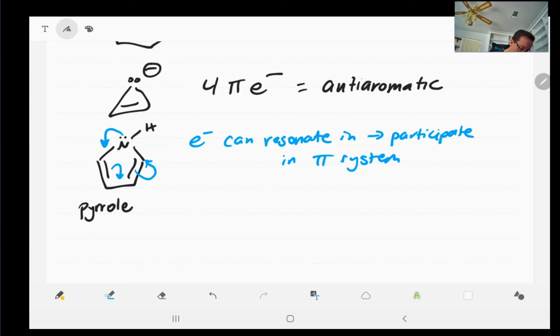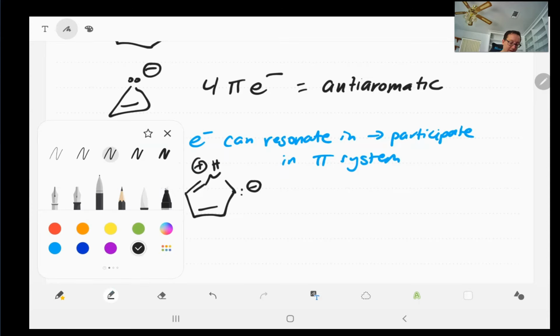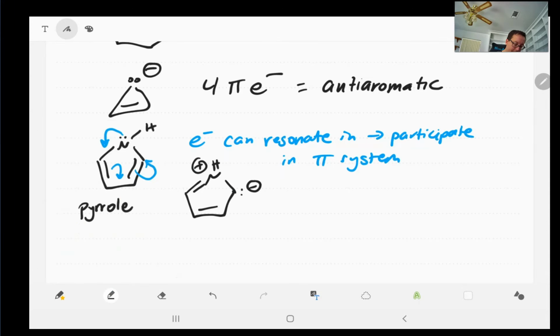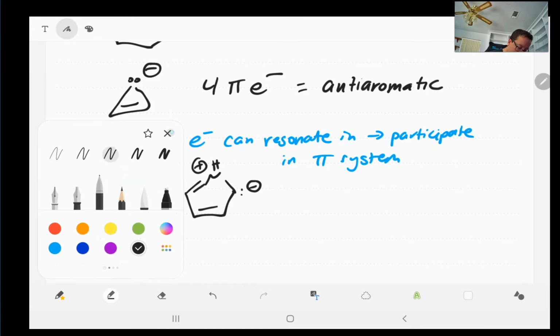If we do resonate this, of course, we end up with a lone pair here, and that can just go back in and do all sorts of fun stuff. But the point is we're still having 6 pi electrons here. We have 2 from the pi bonds, and we have 2 from the lone pair on the nitrogen. And so as a result, this will be aromatic.